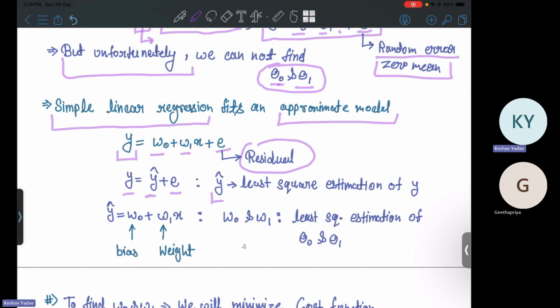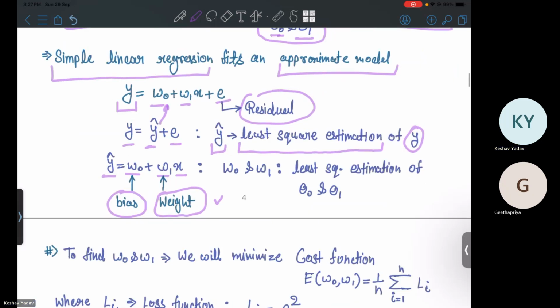This y hat is called the least square estimation of y. So y hat will be equal to w naught plus w1 multiplied by x. This w naught is called the bias, and this w1 is called the weight. These are also called regression coefficients.